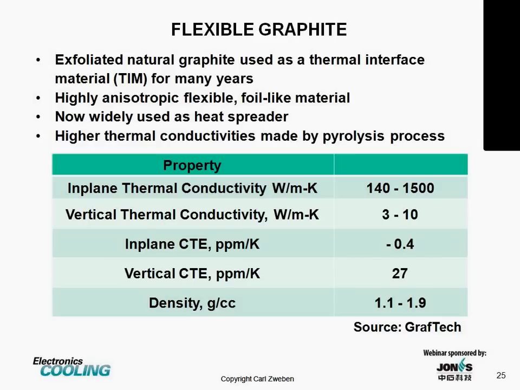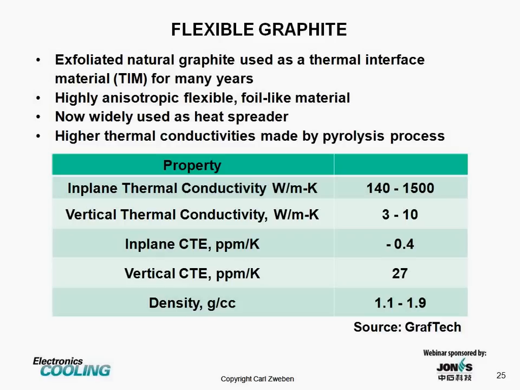It's a highly anisotropic, flexible, foil-like material, and in recent years, I guess going back about 10 years now, it has been used as a heat spreader as well as a thermal interface material. The forms of flexible graphite that have the highest thermal conductivities are made by a pyrolysis process.